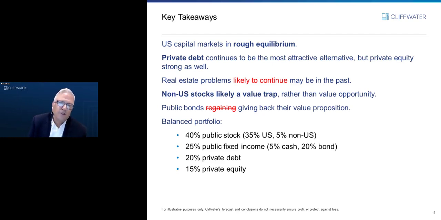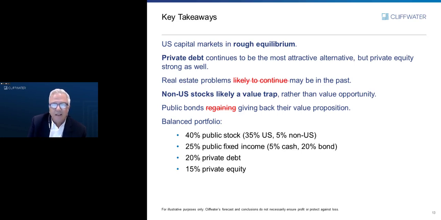So I said last quarter, real estate problems likely to continue. I crossed that out, and I'm saying maybe in the past. From a technical point of view, I think real estate may look interesting again. I haven't changed my opinion on non-U.S. stocks. I said public bonds regaining their value proposition.